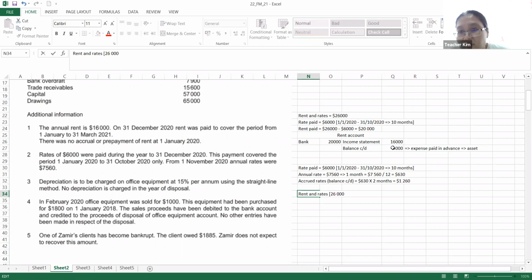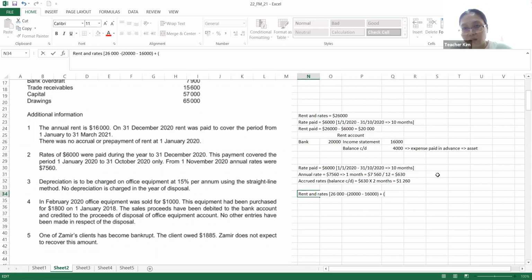Because the amount that we need to minus is this 4,000, we put in minus, show that 20,000 minus 16,000. Okay, and this one has to plus, this is accrued. Prepaid end of the year has to minus. And for the rate, we have to plus this 1,260.